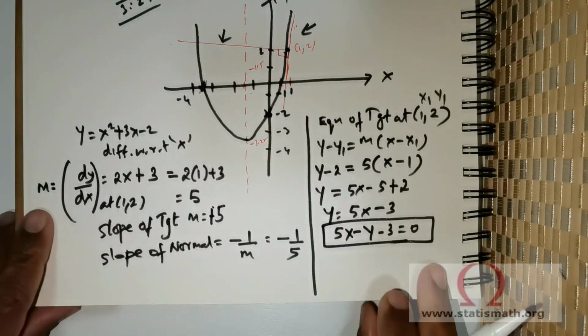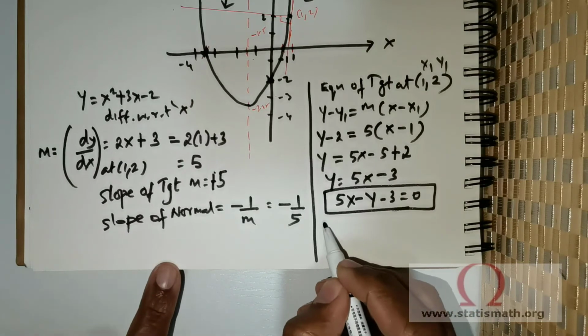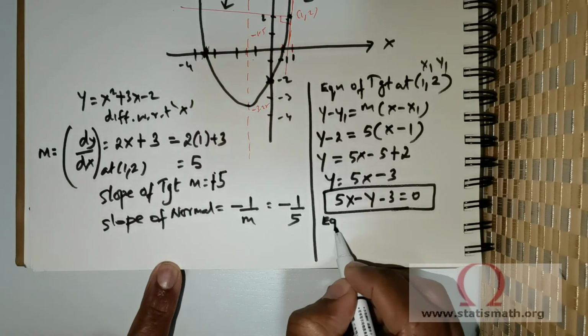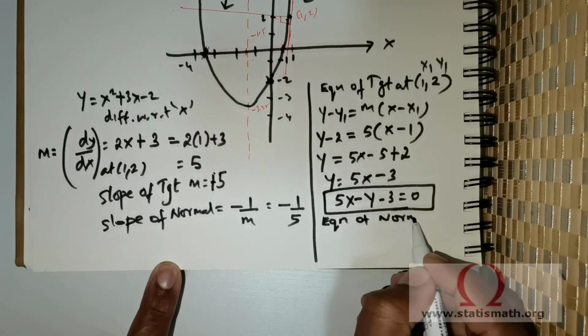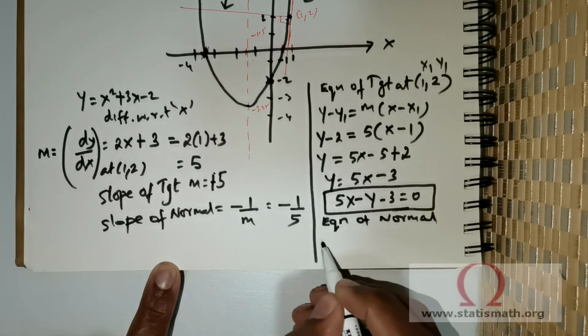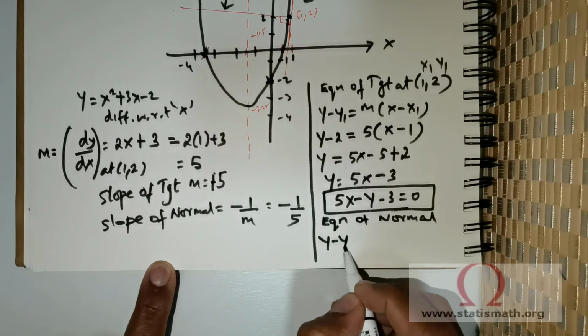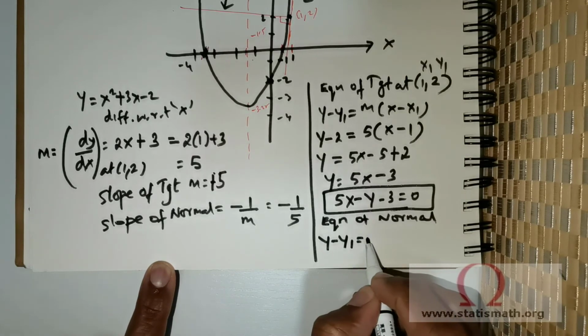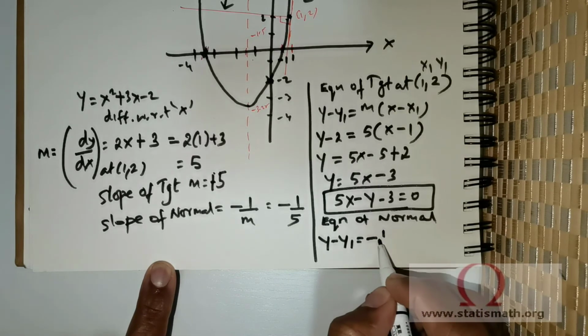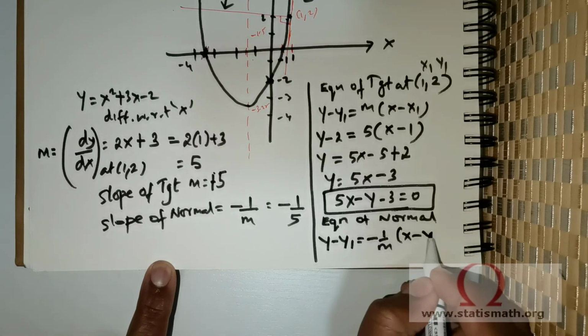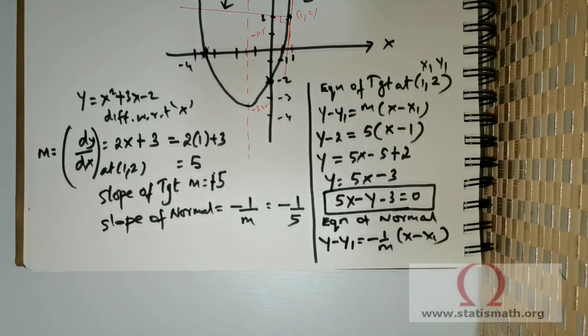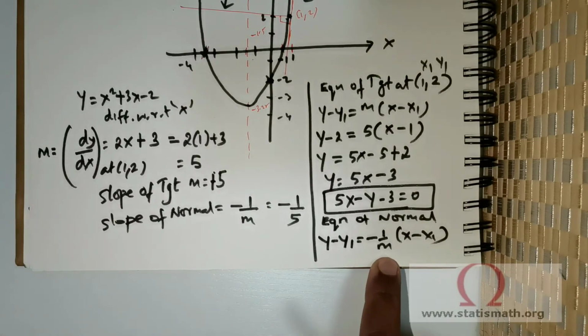Now, to find the equation of the normal, you have to use the formula y − y1 = (−1/m)(x − x1).